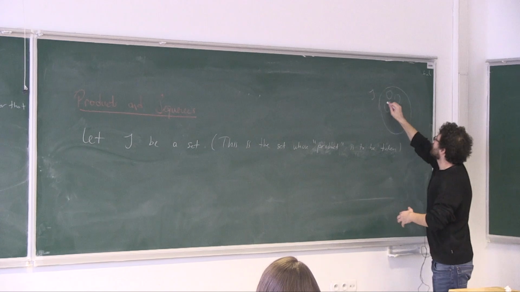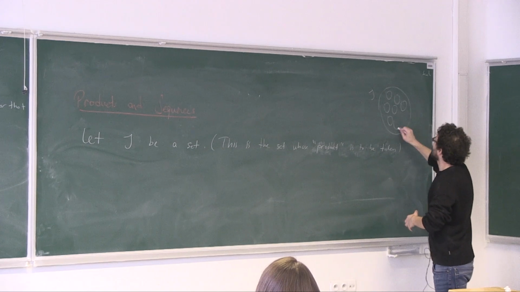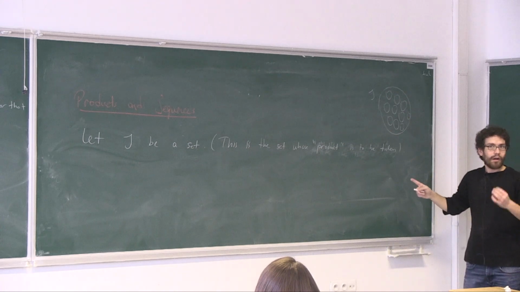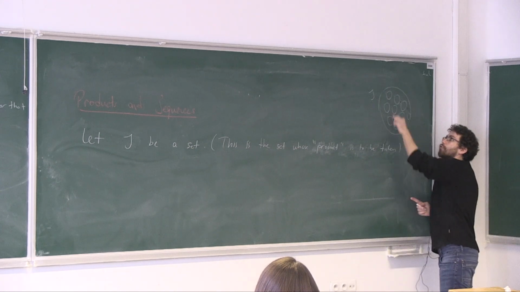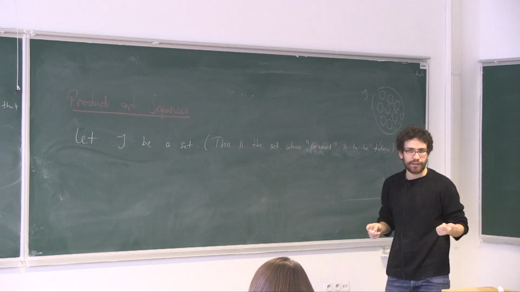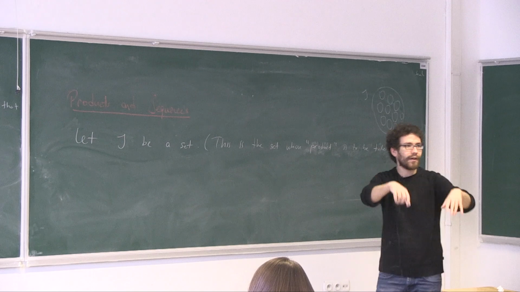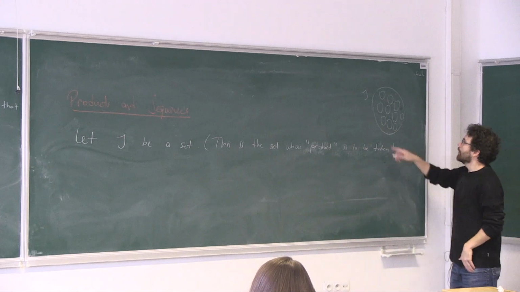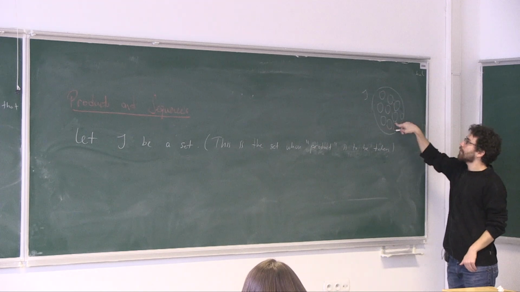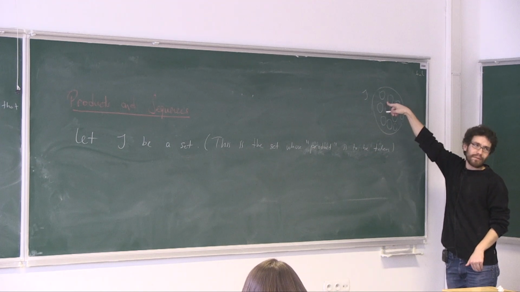J has its elements as sets. I want to define the Cartesian product of all these guys. But I need a labeling. Okay, stop writing. You should follow, then you can write. This is my J. These are its elements. I want to define the product of these guys. I want to label these.